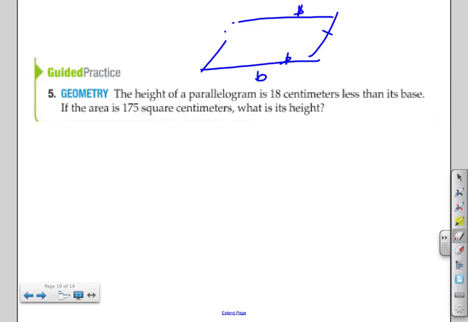Here, let me help you with that picture. The height will equal the base minus 18. And I'll let you look up online what the area of a parallelogram is. Okay, good luck with it.